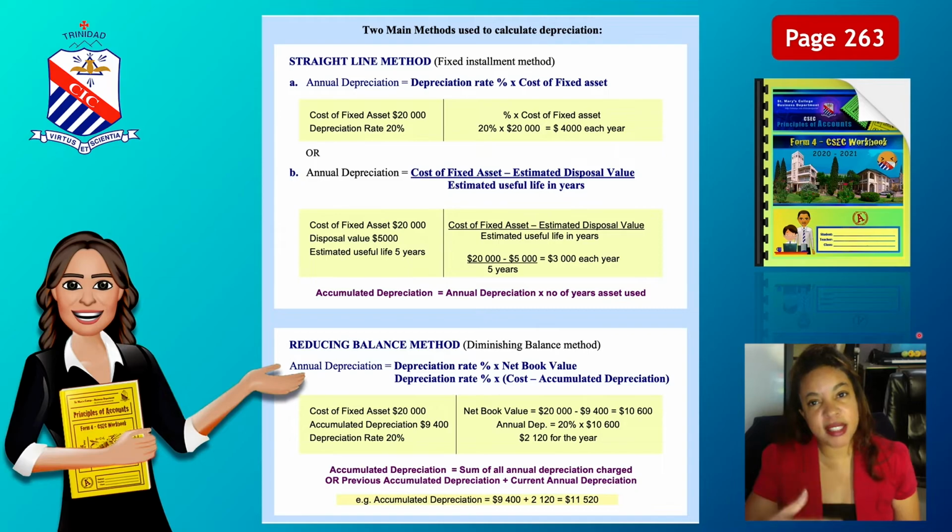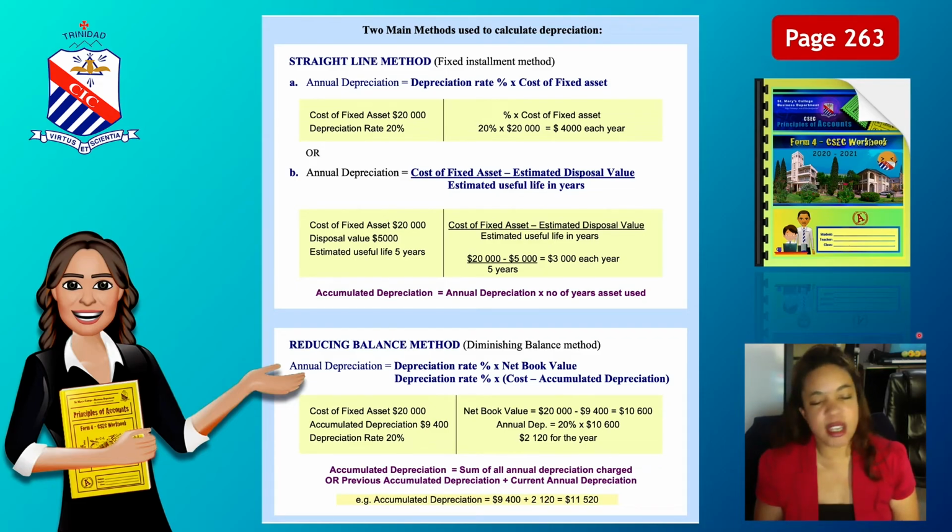And then as it gets older, the value will decrease. So this is the assumption. That is when you use this method, assuming that it is not an equal depreciation or reduction in the value because of usage.